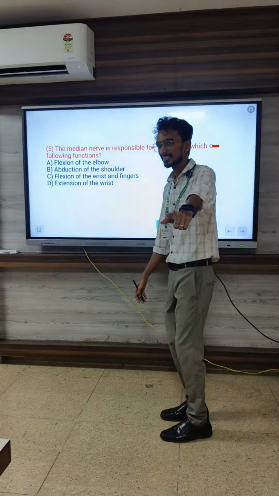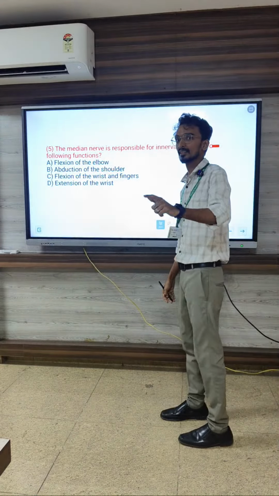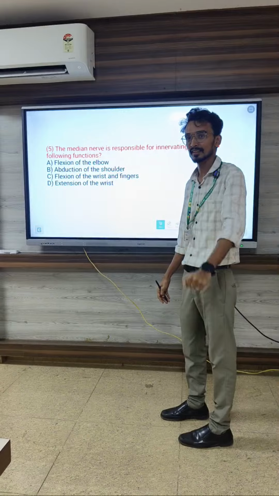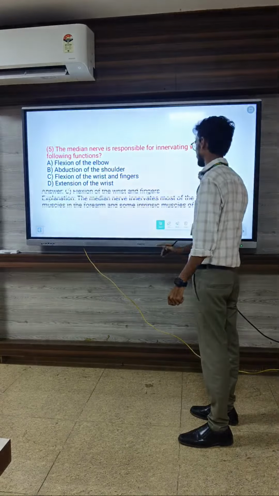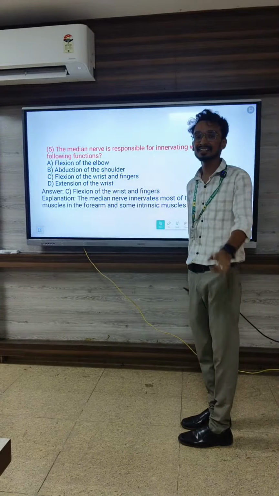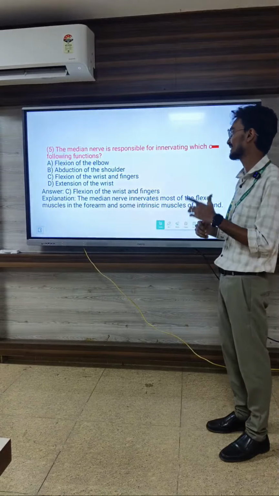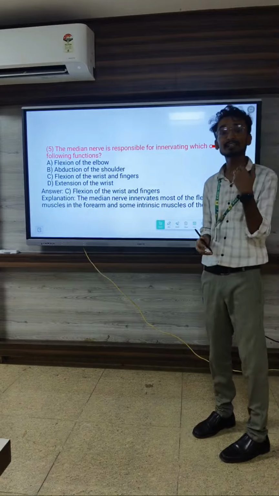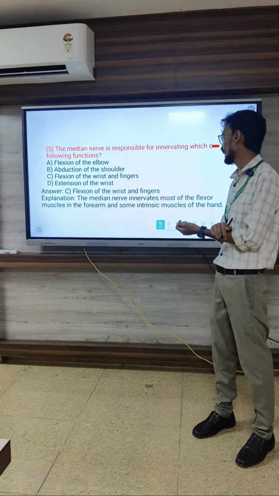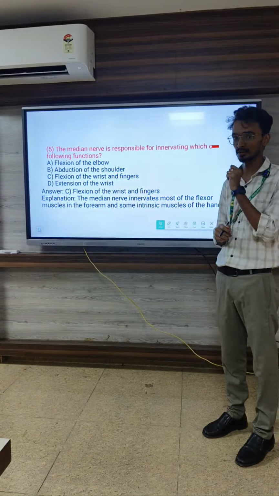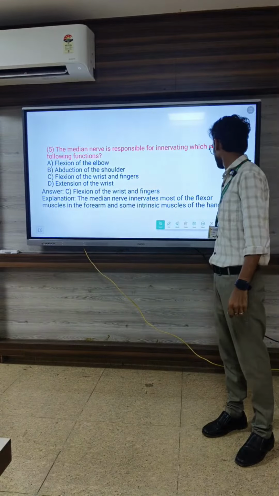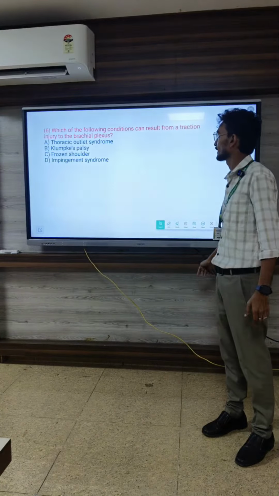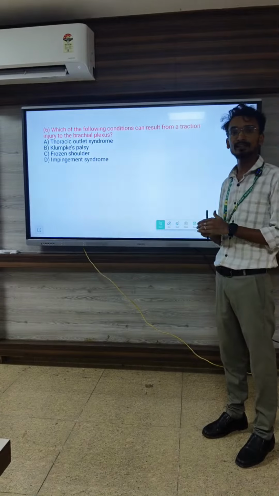Okay, 3 seconds over, guys. We'll see the answer. Mr. Ganesh Murthy, you have answered correctly. Option C is the right answer: the flexion of wrist and fingers. The median nerve innervates most of the flexor muscles of the forearm and some intrinsic muscles of the hand too. Moving to the next question.